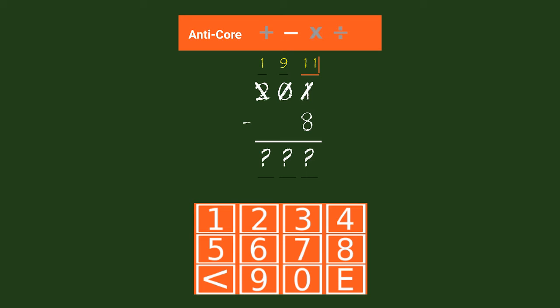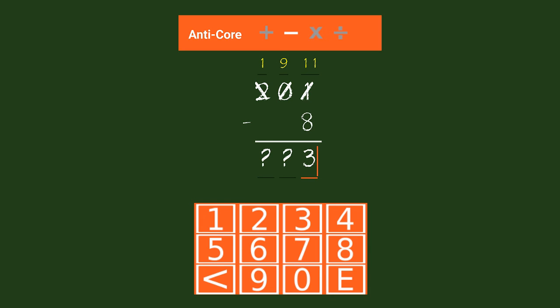Now we have a 1 in the hundreds borrow location, a 9 in the tens borrow location, and 11 minus 8 in the ones column. 11 minus 8 equals 3, which is the answer in the ones answer location. Touch the question mark in the ones answer location and then the 3 on the keyboard to put a 3 in the ones answer location.